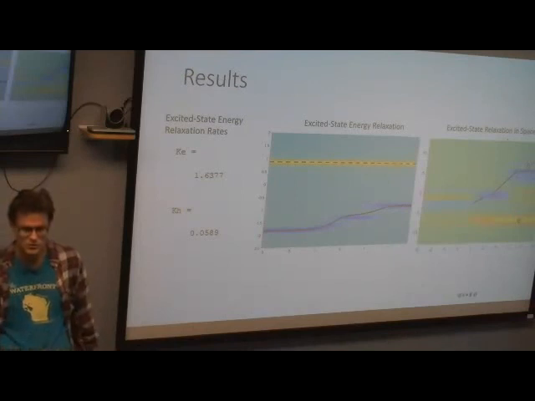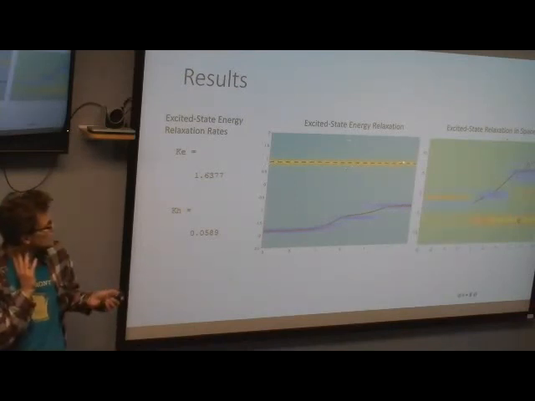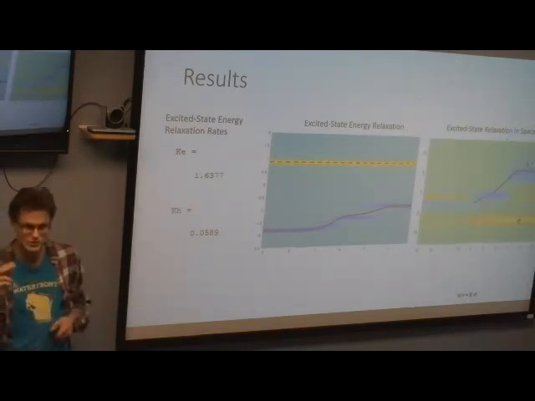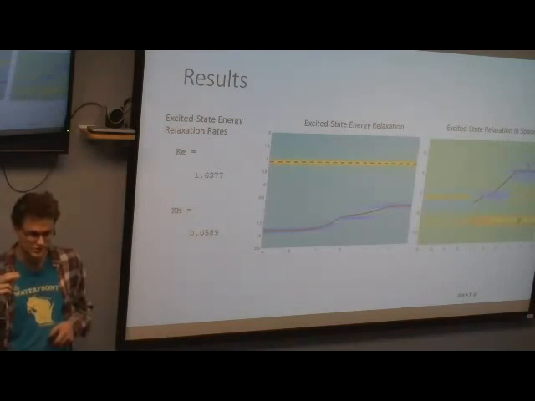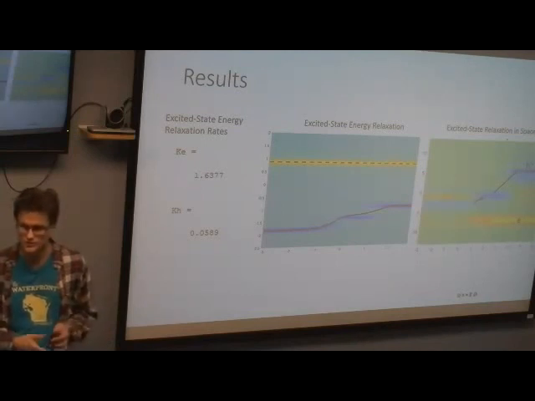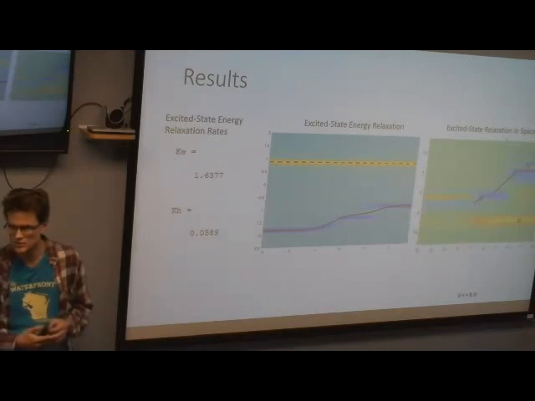Then how about the electron relaxation rate? Because it seems like it stayed at the same energy over time. Yeah, it does. So the initial population was LUMO, that's what the initial condition was. So it's already at LUMO, so there's no relaxation. The energy relaxation rate for electron is not meaningful in this example.